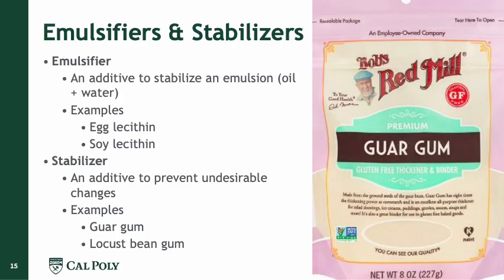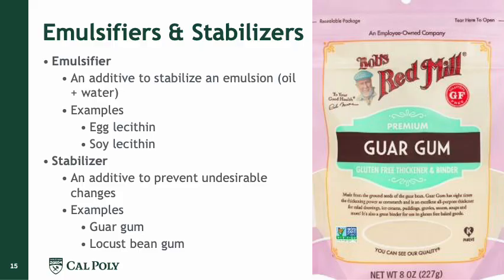Other examples are vitamin E. Also, you can find tocopherols in this ingredients list. A stabilizer is an additive that is used to prevent changes. If you have watched the video for the Chobani yogurt, one of the examples was locust bean gum, which is a carbohydrate, and it was used to prevent the syneresis of yogurt, so the separation of phases.